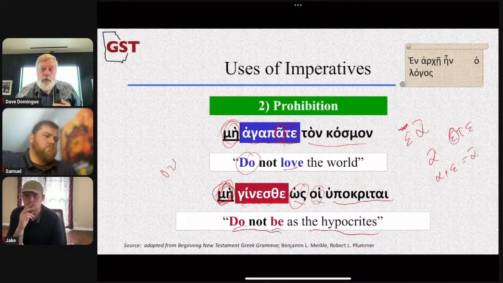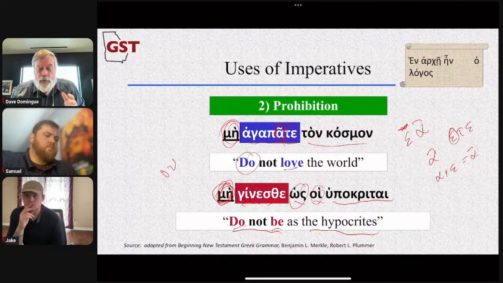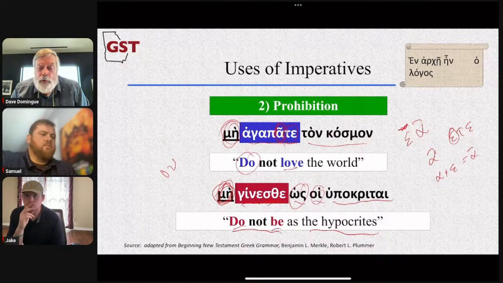The ou used with the future indicative is not part of our discussion with the imperative, but just to have the big picture, the ou with the future indicative is just a simple negation, right? You shall not commit adultery. Don't do this.